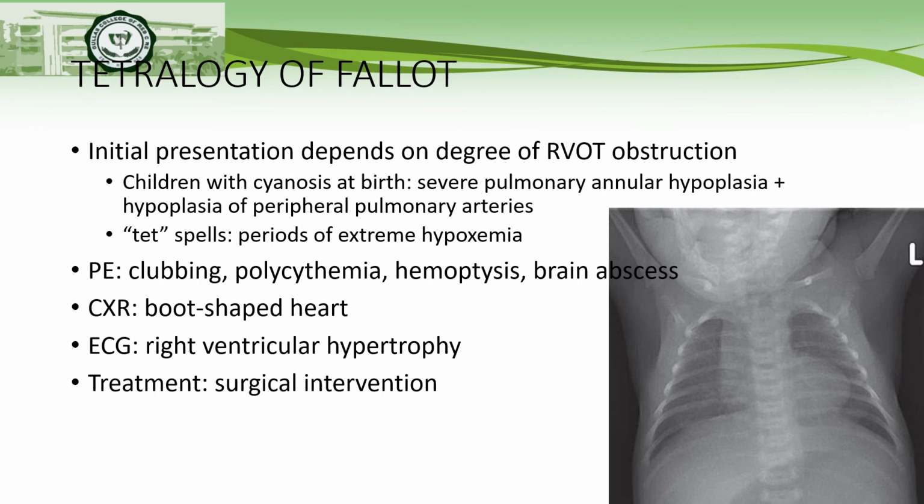Most children, however, present mild cyanosis at birth, but then RVH, or right ventricular hypertrophy, progresses, which then further compromises the RVOT. Within 6 to 12 months, cyanosis becomes significant with the occurrence of TET spells, which are periods of extreme hypoxemia.